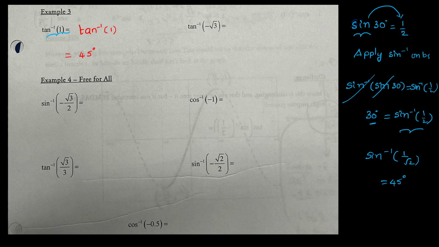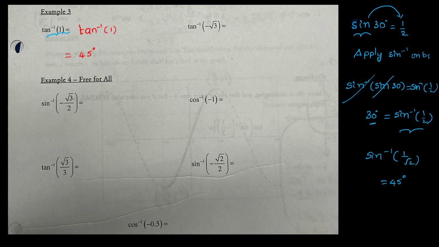So tan is positive in the first and third quadrants. In the second and fourth, tan is negative. Why? In the second quadrant, sine is positive, so tan will become negative. Similarly, in the fourth quadrant, cos is positive, so tan will become negative.